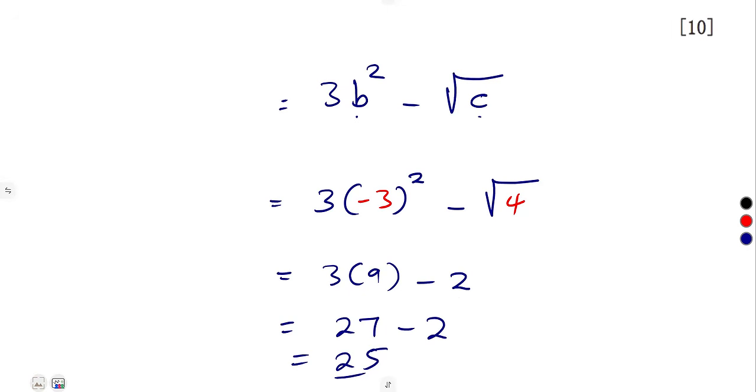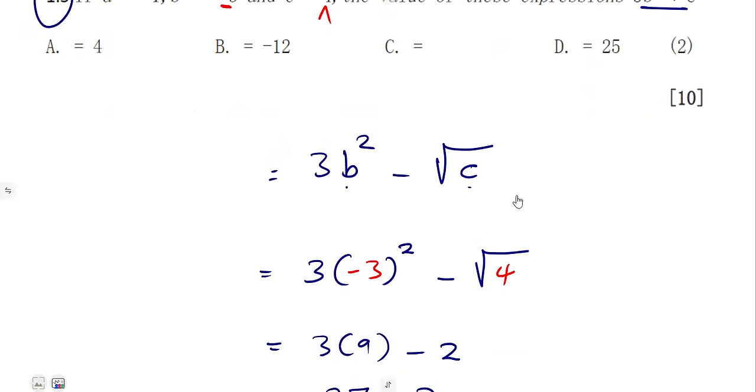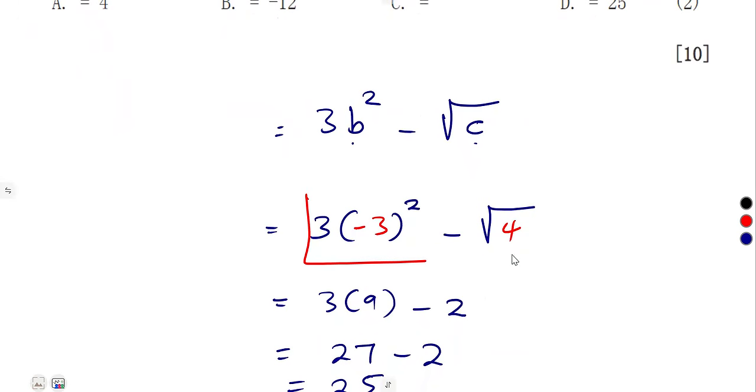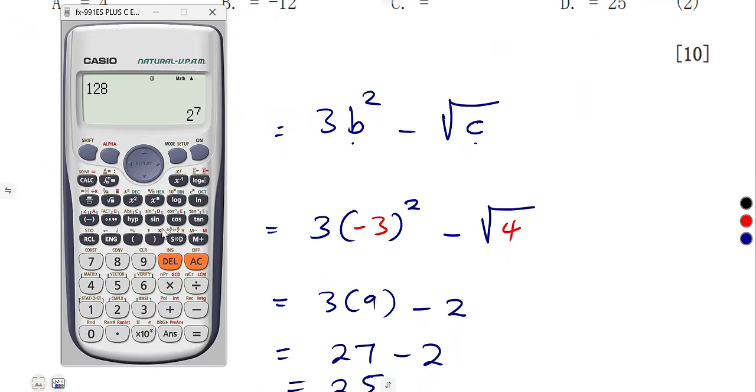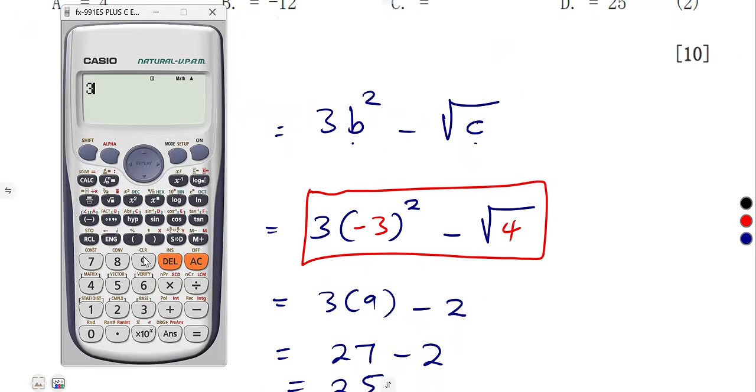Oh, guys, this is a multiple choice question. Once you substitute at this stage, you can even use your calculator at once. I just want to indicate this stage on our calculator. We could have done that: 3, open bracket, -3, close the bracket, square it, then minus the square root of 4, as it is here.